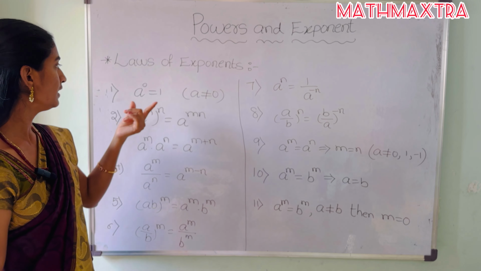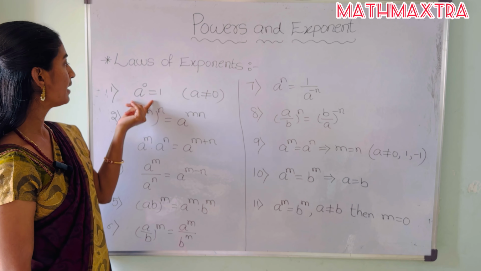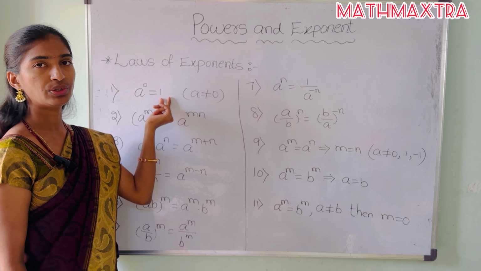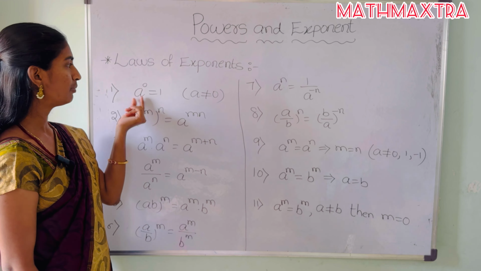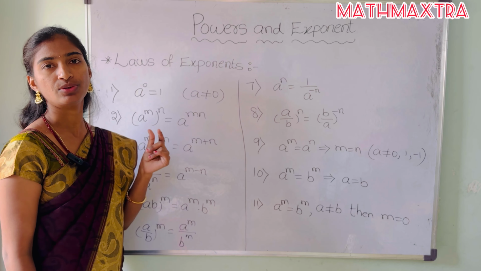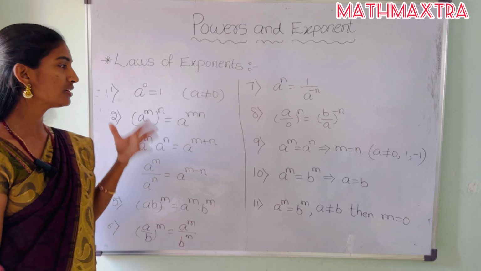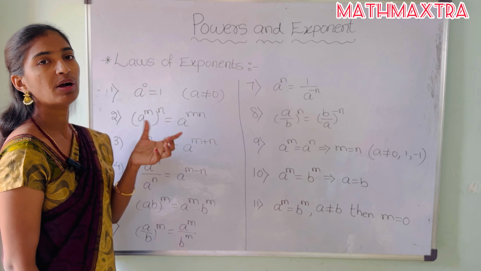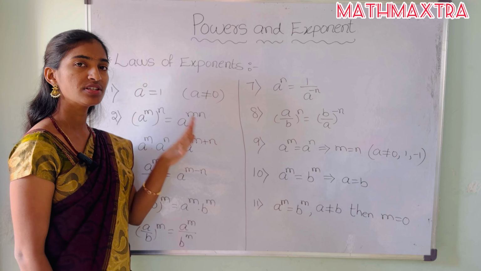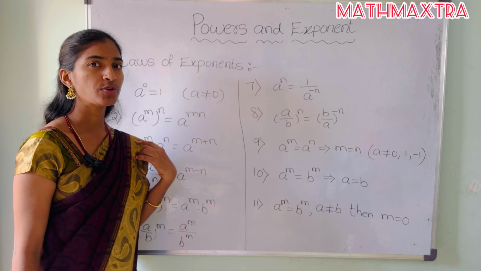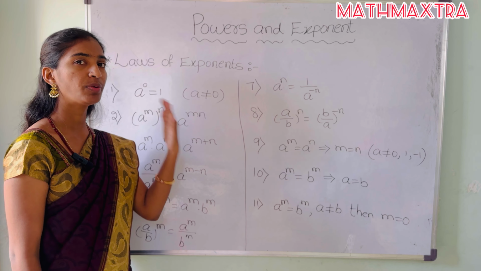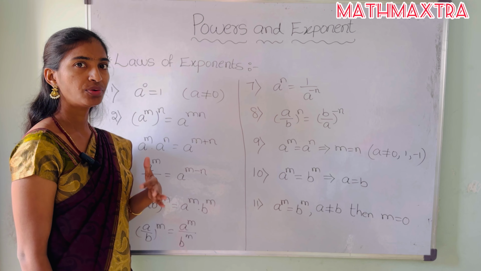See, the first law is a to the power of 0 is always equal to 1, where a can be any number except 0. So what happens if a is equal to 0? It goes to the form 0 to the power of 0 equal to 1. But is it possible? No, right?